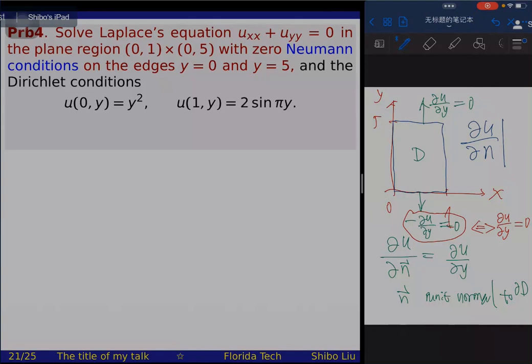But in our case, because the top and the bottom boundary are parallel to the x-axis, the normal direction is parallel to the y direction. So the normal directional derivative is just the derivative with respect to y. In conclusion, this Neumann condition means that the partial derivative of u at the bottom and at the top is 0. That is the problem.